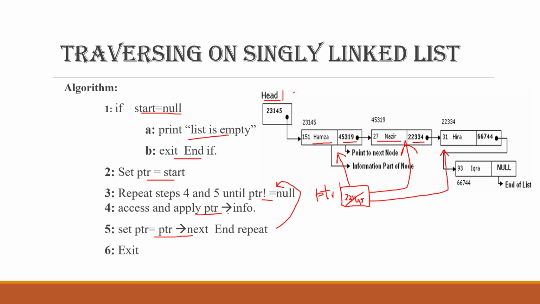In this step we can print the information or we can apply any other operation, for example a searching operation, to search our data. Again here we assign pointer equal to pointer next. This address will be assigned to the pointer and the pointer will now point to this node.